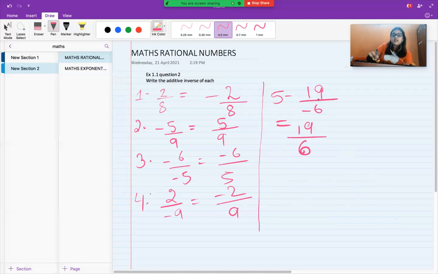The reason behind this is that we have minus 1 into minus 6, which will be equal to 6, as minus minus is equal to plus.